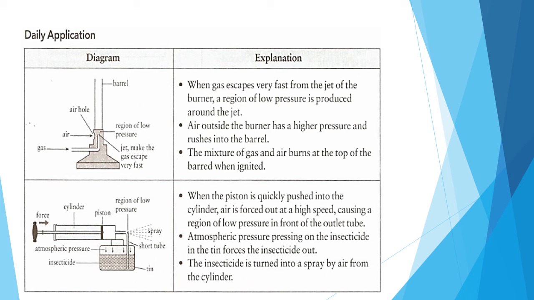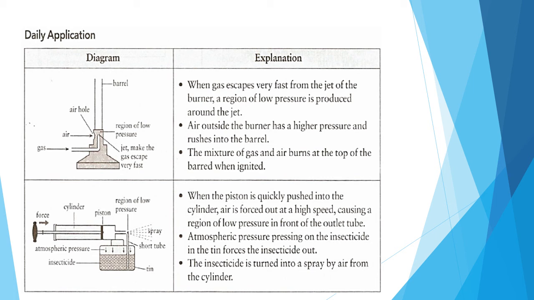Okay, next. This is the Bunsen burner. When gas escapes very fast from the jet of the burner, a region of low pressure is produced around the jet. Here you can see the place for the low pressure. Why low pressure? Because the gas escapes here at a faster rate.